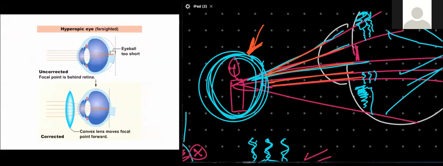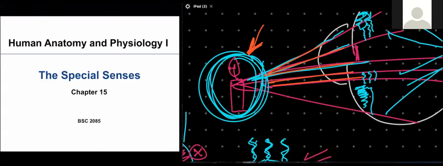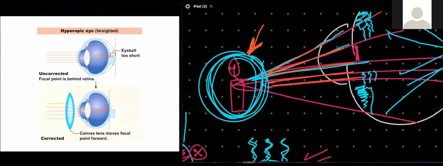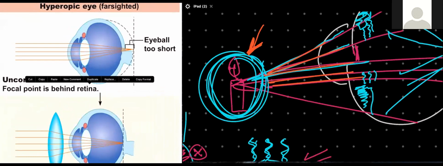The exact opposite is true for the hyperopic eye. In a hyperopic eye, the eyeball is too short. So the light is not going to be focused on the retina, it's going to be focused behind the retina. My retina is located in front of the normal location of the retina.